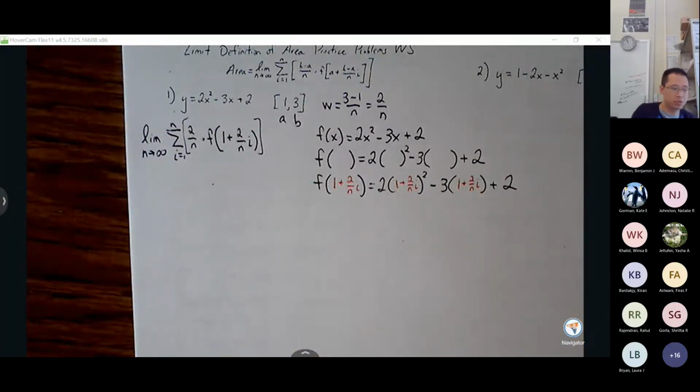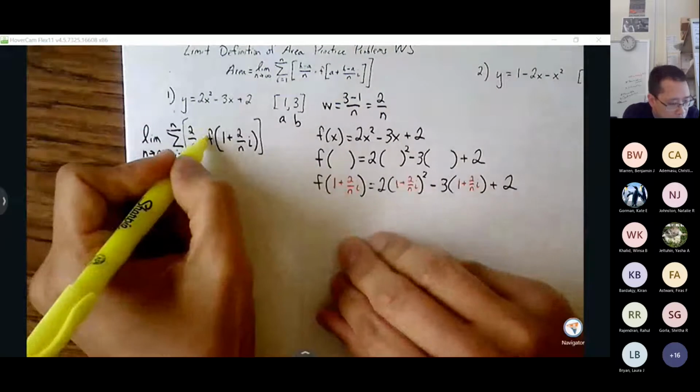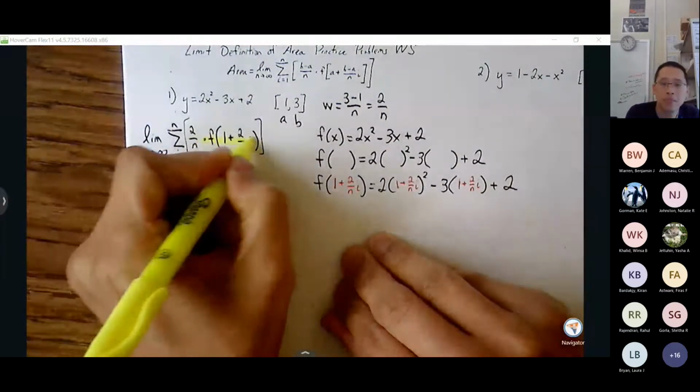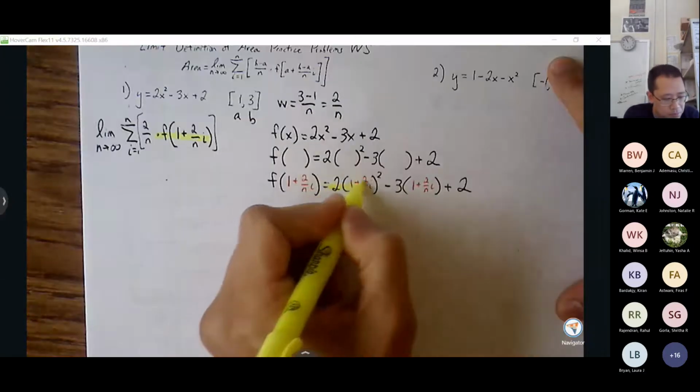Okay, so now let's make our substitution. We now have this height component in expression form.